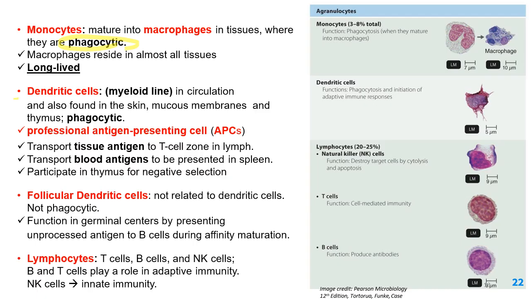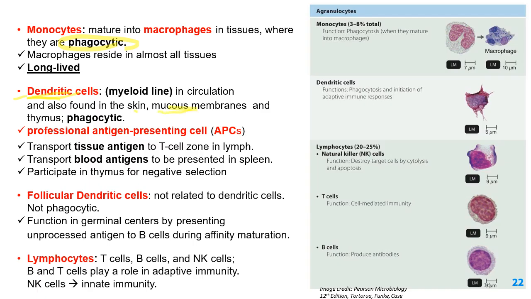Then here you get your dendritic cells, right? Those are everywhere in all the tissues. You're going to find them especially in your skin, like in the deep skin, and you're going to find them a lot in the mucus.